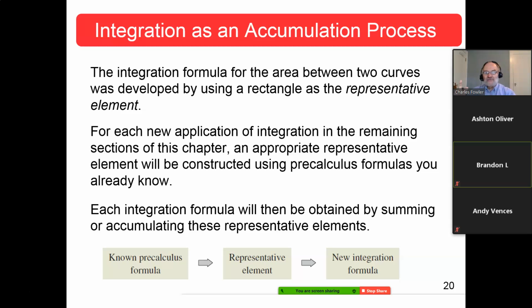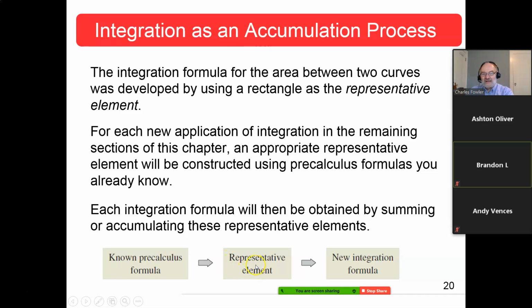Okay? Each integration formula will then be obtained by summing or accumulating the representative elements. So we'll start with a known pre-calculus formula. Well, frankly, the area of a rectangle is a known pre-calculus formula, so we were already doing this.